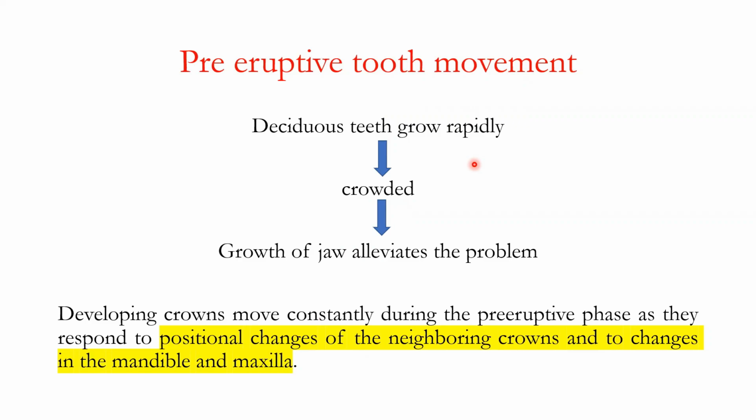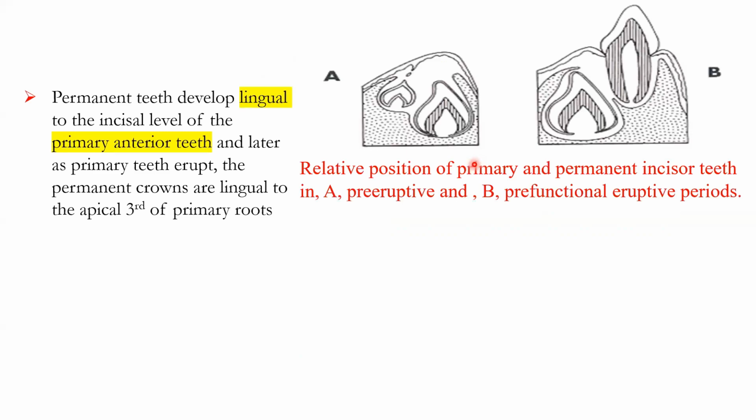The growth of the jaw simultaneously will alleviate some of these problems, and the developing crowns move constantly during this phase because they have to respond to the positional changes of the neighboring tooth germs, apart from the changes in the maxilla and mandible as the jaw growth also continues.